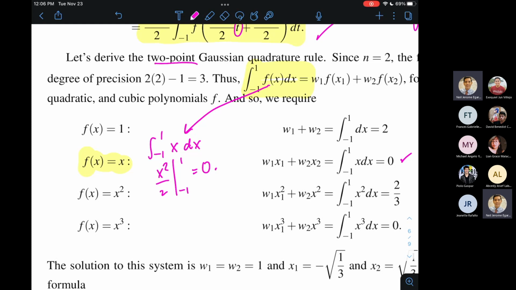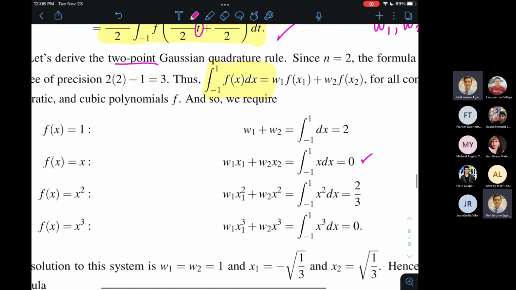Kaya maganda na nandun tayo sa interval -1 to 1 kasi symmetric siya. So lahat ng odd functions nagzi-zero yung integral niya over a symmetric interval. Now we will replace to get the left-hand side, puntahan natin yung quadrature rule. Lahat ng f dito papalitan ko ng x. So ito ay magiging x evaluated at x1. So we'll have w1 x1. And then this guy will be x2. So that's how we got that.